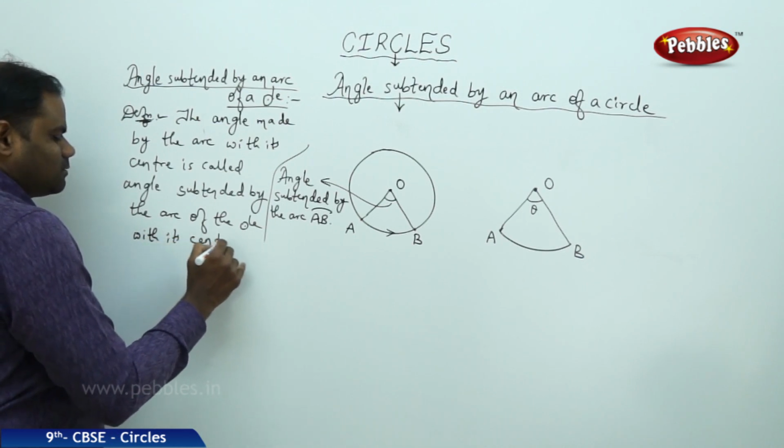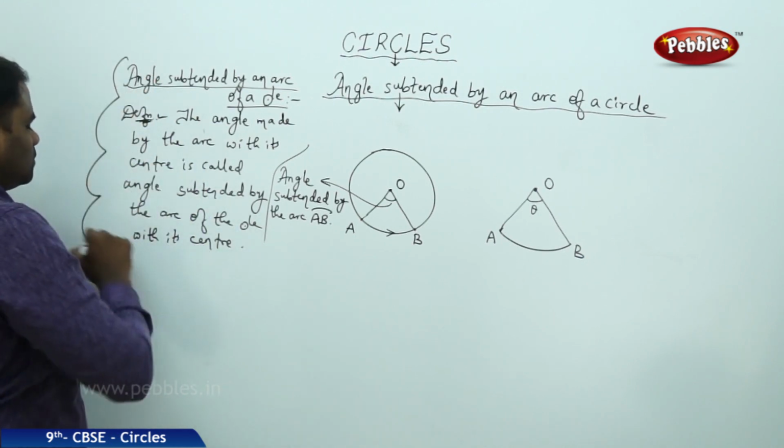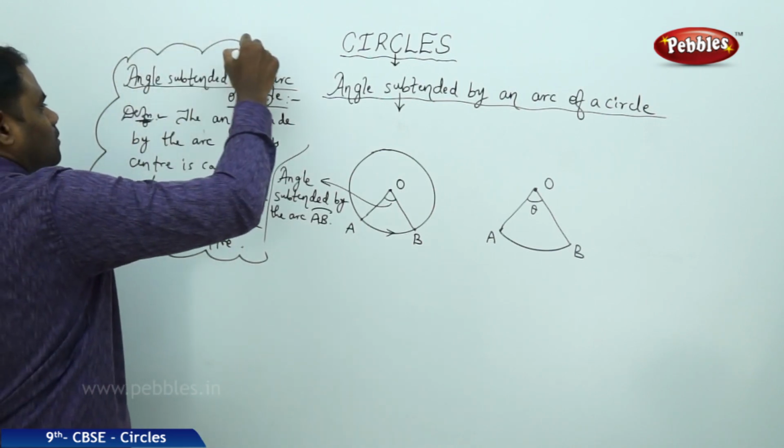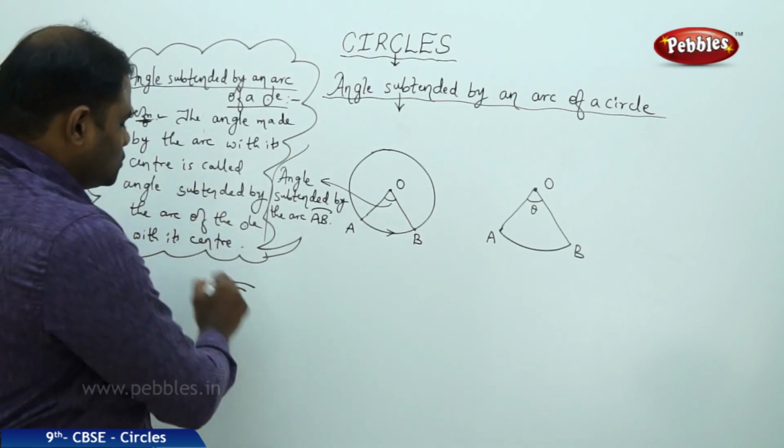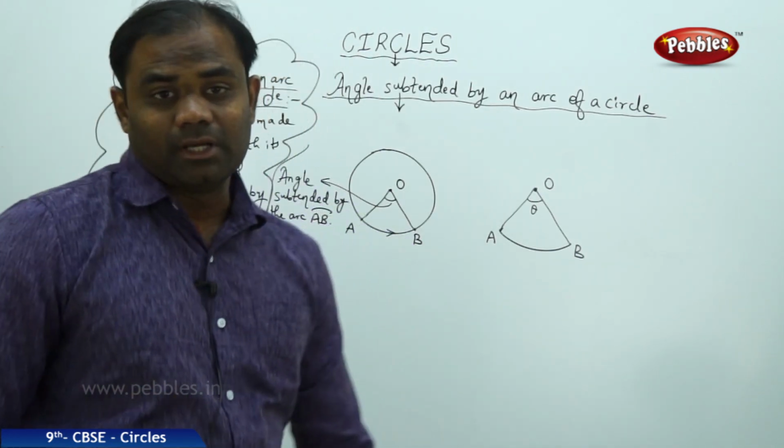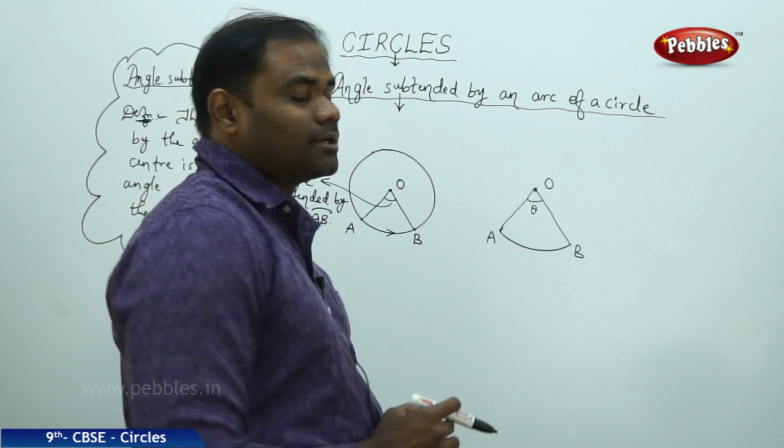This is understood to be the angle subtended by the arc of the circle at its center.